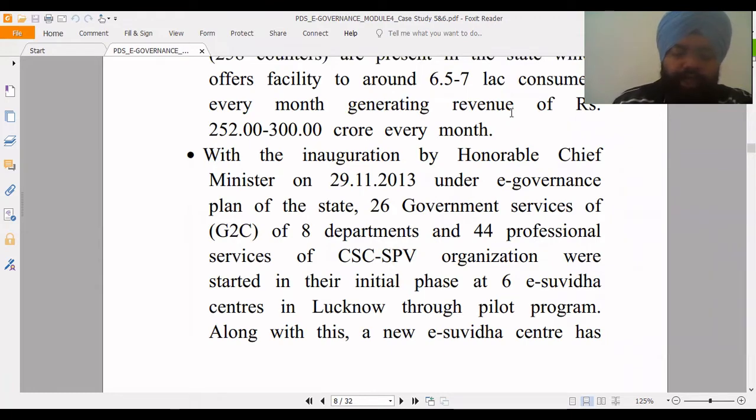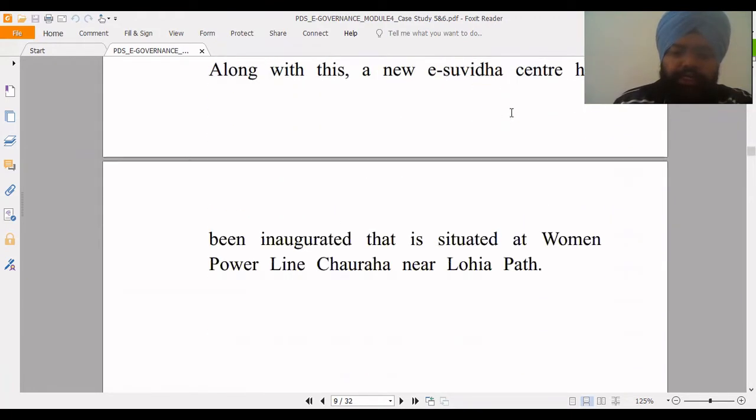Along with this, a new E SUVIDHA center has been inaugurated, situated at Women Power Line Choraha near Lohia Path.